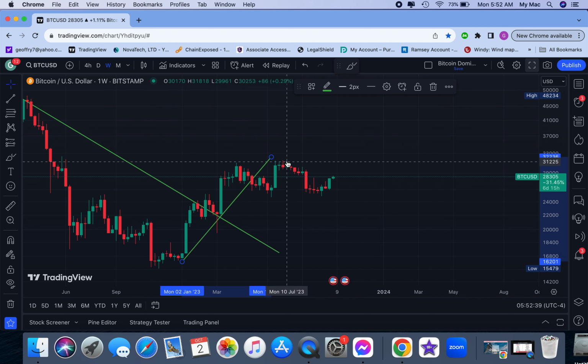So, if we can break above the 31,800 high that we had earlier this year and maintain the support at about 25,000, then we could have a breakout to higher levels. But until then, we'll see what happens.